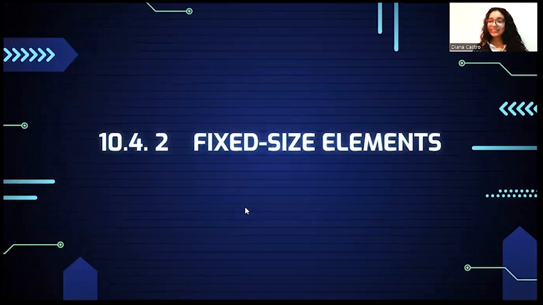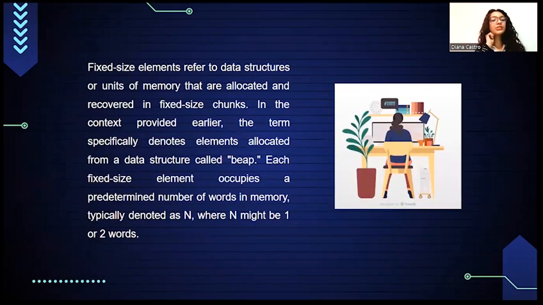Now we're going to the fixed size elements. First we need to know the definition: what is a fixed size element? It refers to data structures or units of memory that are allocated and recovered in fixed size chunks.